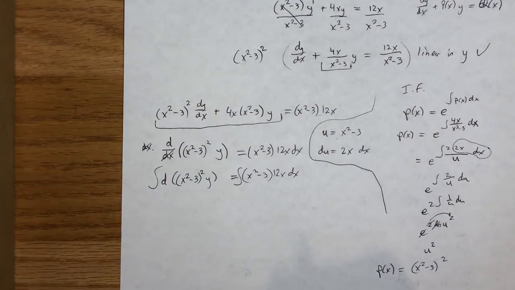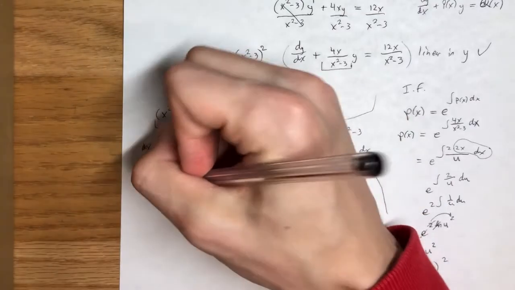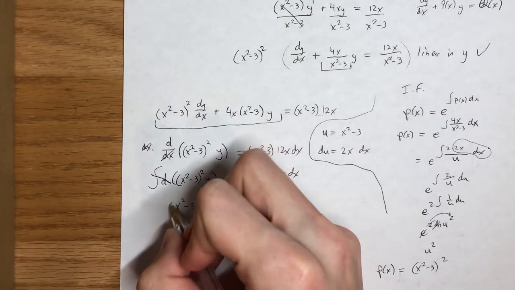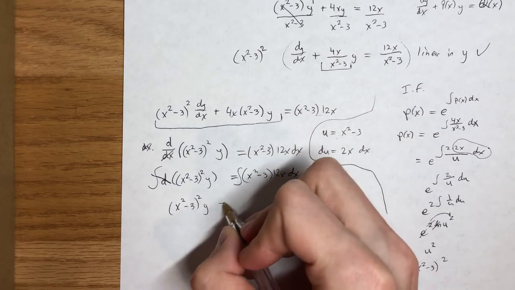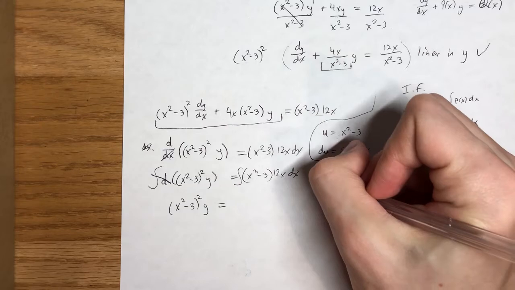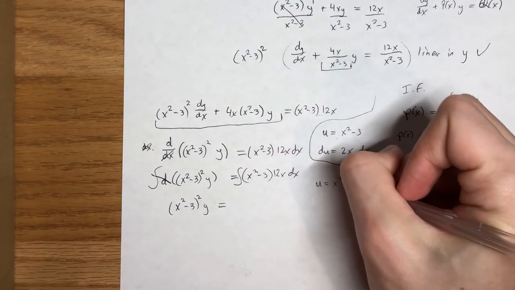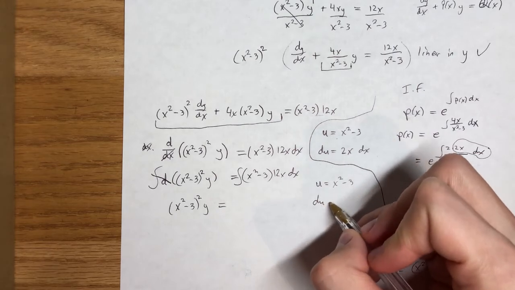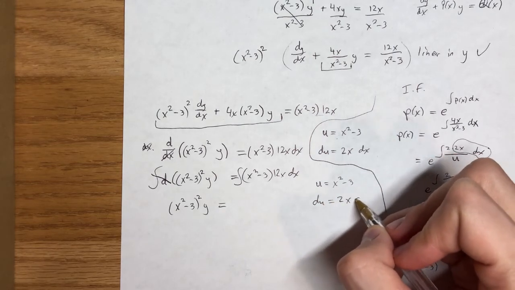Integrating. So for the left-hand side, it's pretty easy. This just cancels out, and we're left with an x squared minus 3 squared y. And then on this side, we're going to have to do another u substitution. So I'm going to let u equal x squared minus 3 again, which as you can see here, our du again will be the same as before, 2x dx.